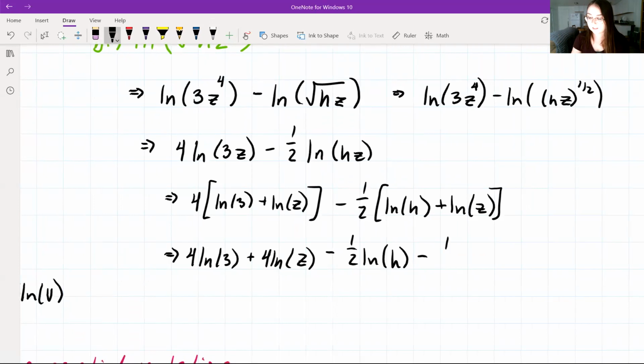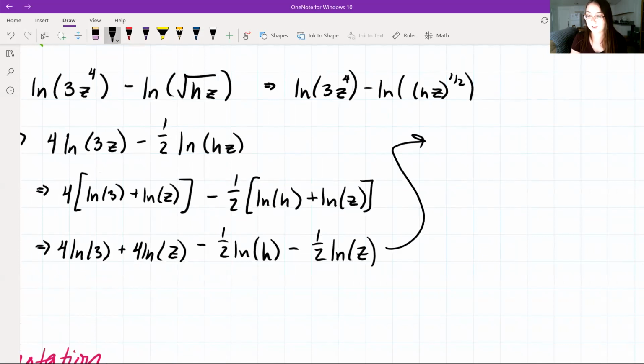So we have minus 1/2 times the natural log of z. Now we're almost there. The only thing left that we see is that we have 2 natural logs of z. So we can simplify these values.